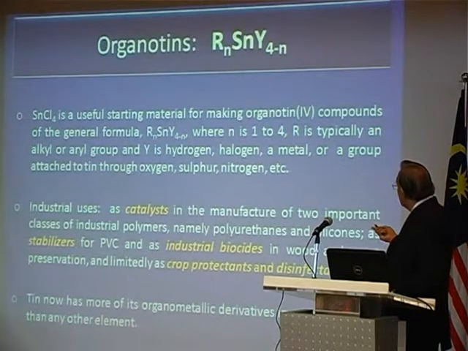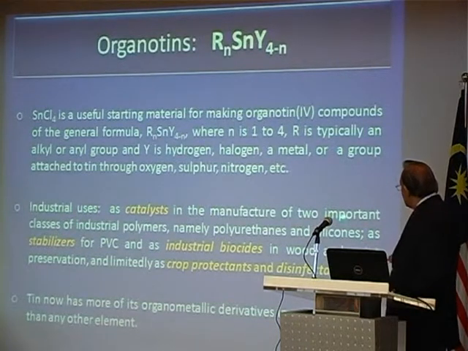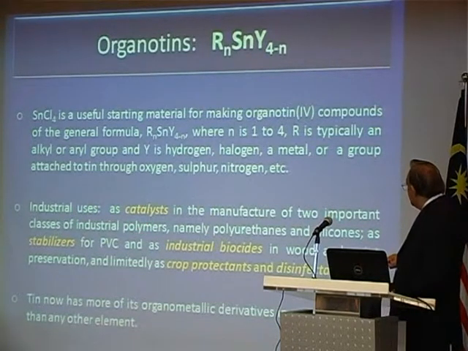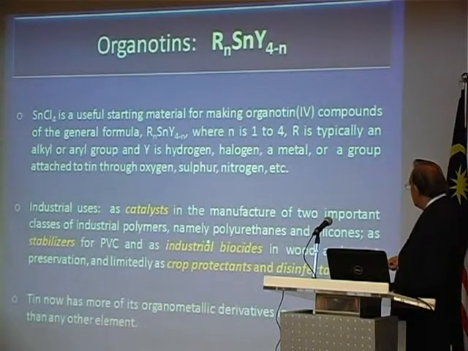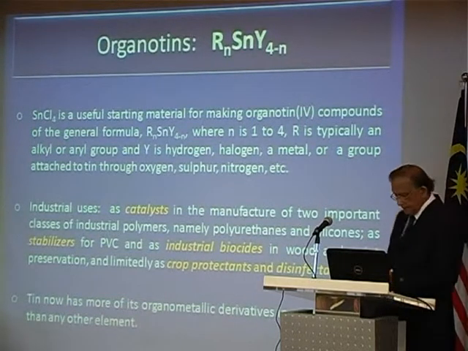Or sometimes you can have cyclohexyl groups, for those who are chemists. Applications: catalysts in the manufacture of industrial polymers, polyurethanes, silicones, stabilizers for PVC, industrial biocides in wood and paint preservation, crop protectants, disinfectants.